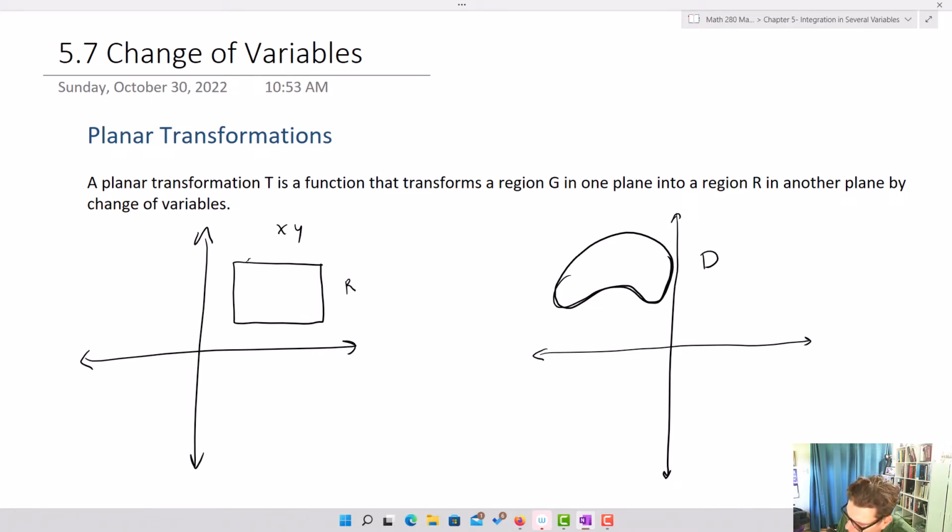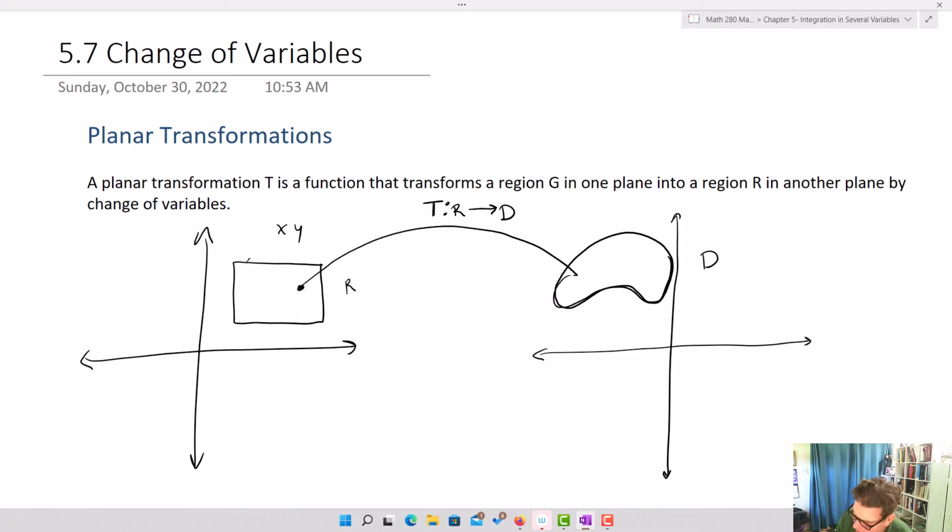And what I want to do is create a transformation. When we talk about transformation, it's a change. We're going to list this out as T, our transformation. And what T is going to do is change R into D. That's the idea. T is going to go from R into D. And we're going to have a very special kind of transformation here.